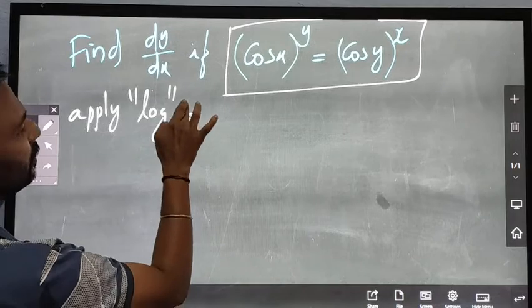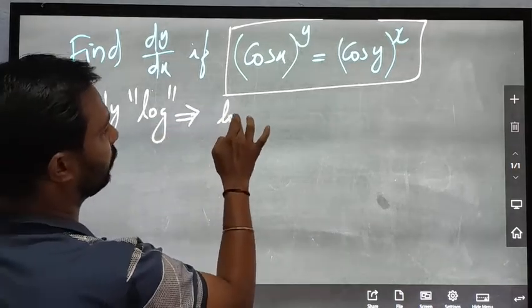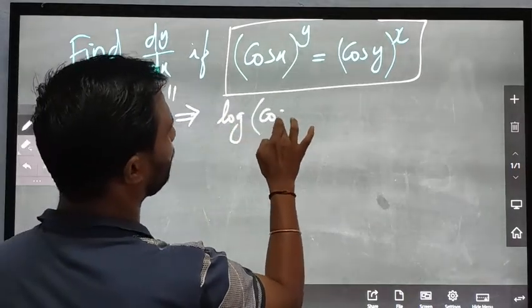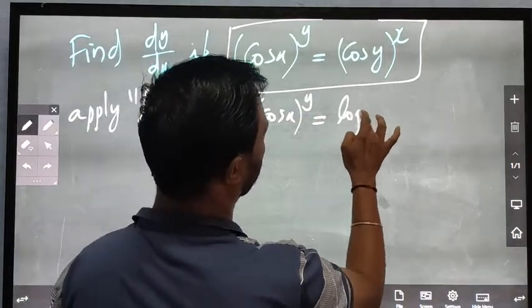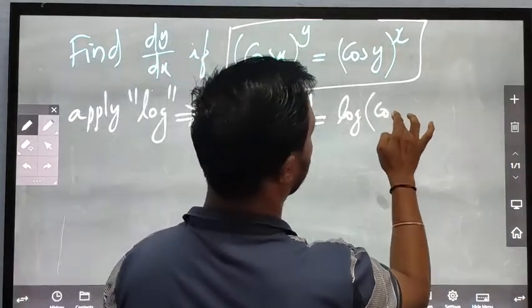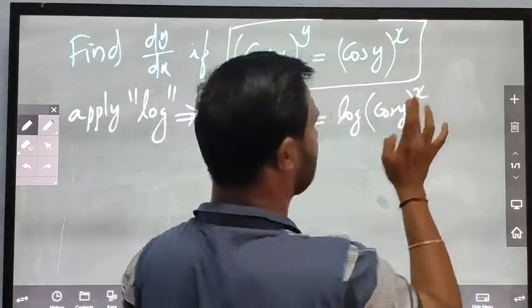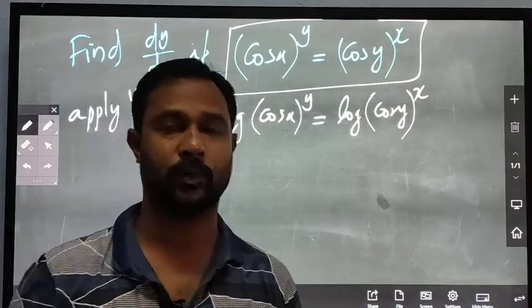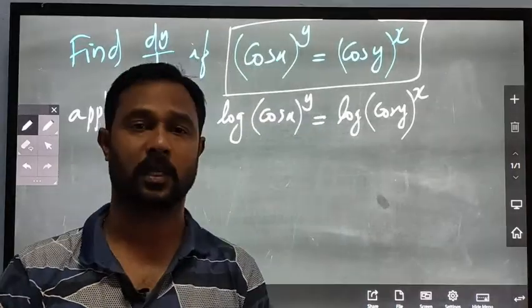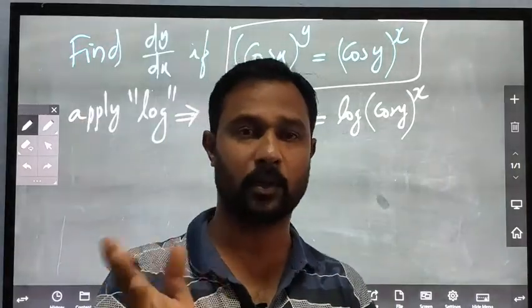What you are getting is logarithm of (cos x)^y is equal to logarithm of (cos y)^x, right? We apply log on both sides. Then here you apply the power rule of logarithm. Power rule of logarithm says log x^n is equal to n log x.